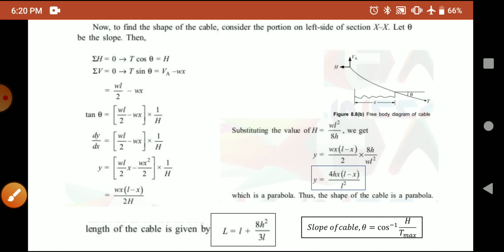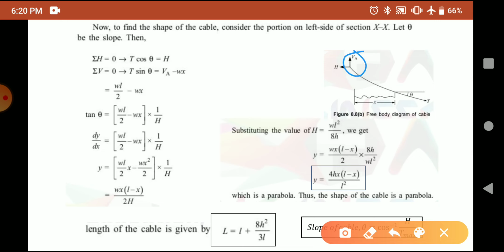Right. Similarly, if we take the sum of vertical forces equal to 0, what are the vertical forces acting? The vertical reaction VA is acting here in the upward direction, and a UDL W into x is acting in the downward direction, and also the vertical component of T, that is T sine theta, is acting in the vertical direction. So if we take sigma V equal to 0, we can write it as T sine theta is equal to VA minus W into x.